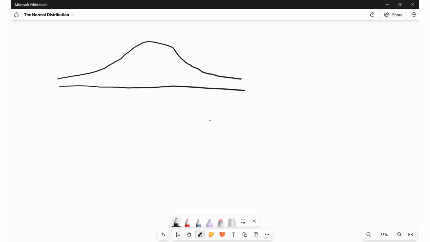We are told that we have a mean of 10 and a standard deviation of 2.